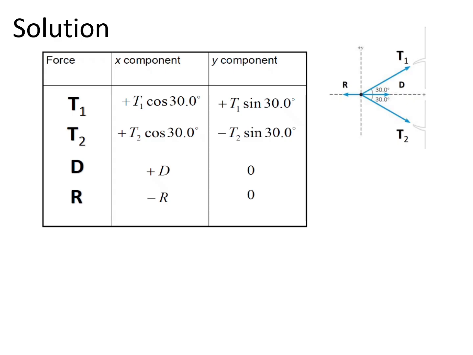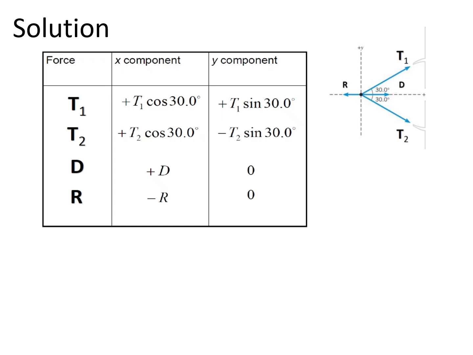Now let us organize the force components. Because each cable angle is measured from the tanker's axis, which is the x-axis, the x component of each tension uses cosine. For T1, the x component is positive T1 cosine 30 degrees because it points forward. The y component of T1 is positive T1 sine 30 degrees because it points upward.